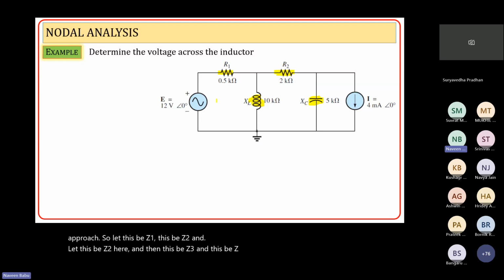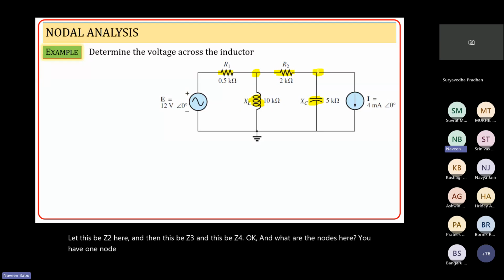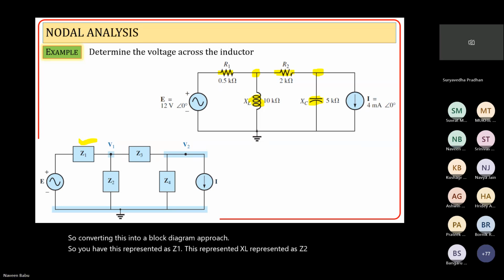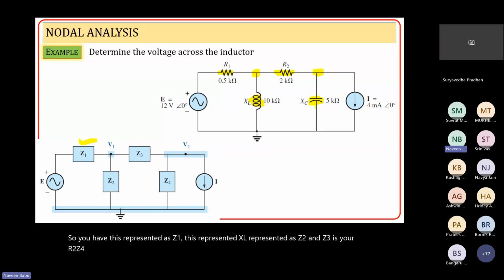What are the nodes here? You have one node here and another node here. So converting this into a block diagram approach, you have this represented as Z1, XL represented as Z2, Z3 is your R2, Z4 is minus jXC. So let us list the values also.